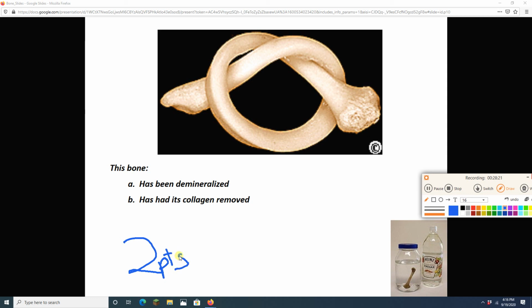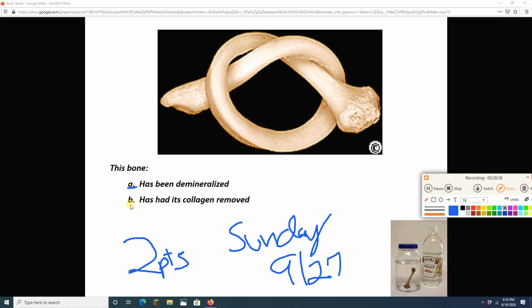Email me the answer to this question by Sunday, the 27th of September. What's the answer? Is it A or is it B? Or if you want, C or D. All right. Don't choose C and D.